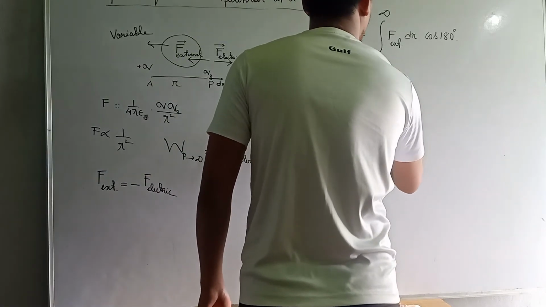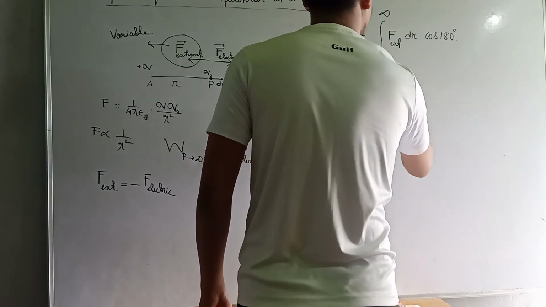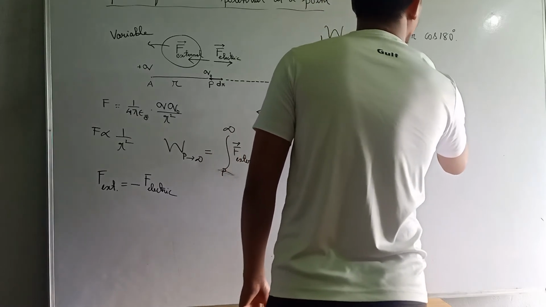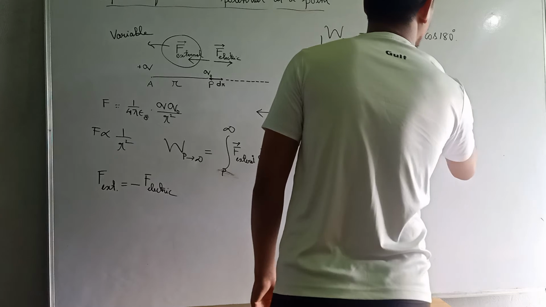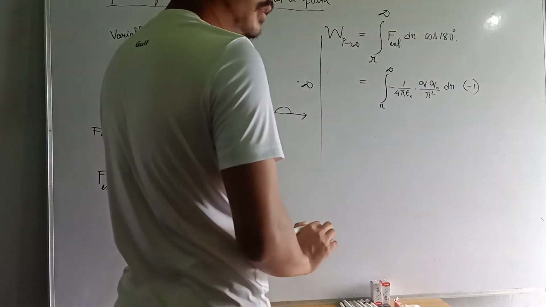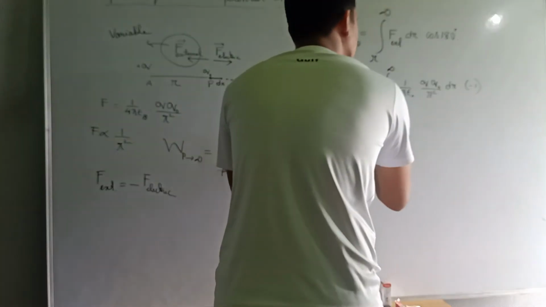So from r to infinity, what is your external force? Minus 1 by 4 pi epsilon naught into q naught upon r square dr, and cos 180 degrees is minus 1, so minus becomes plus.